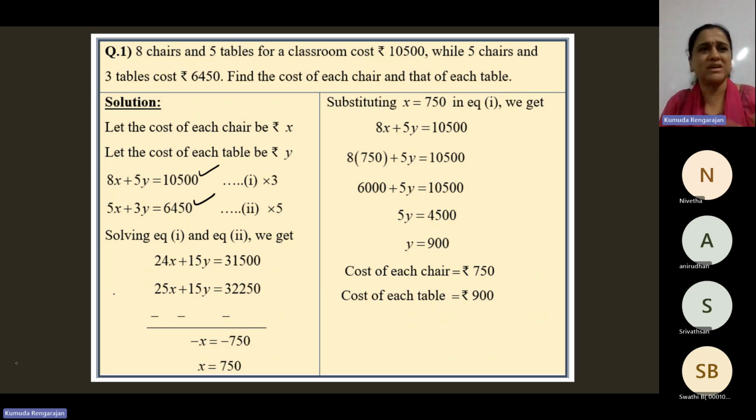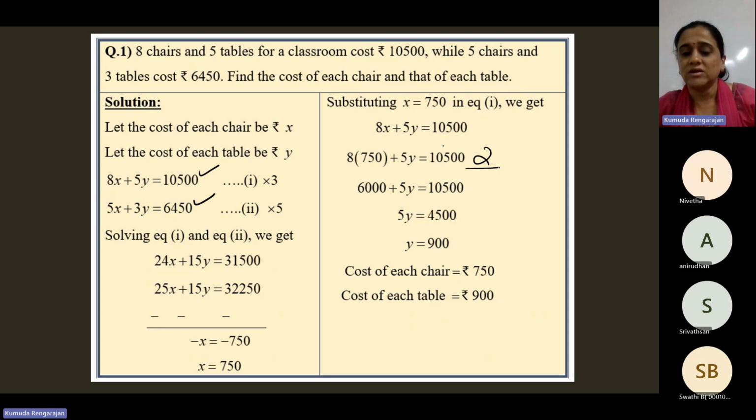If you want to eliminate y, the numerical coefficient of y in the first equation and the second equation should be the same. If they're already the same, good. If not, you'll have to use LCM and make them equal by writing equivalent equations.